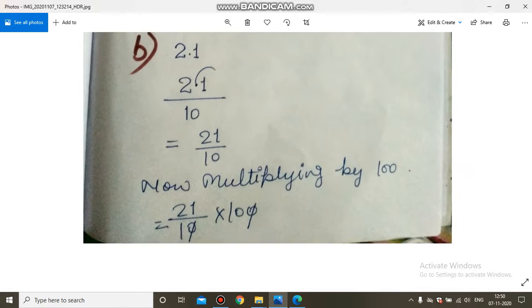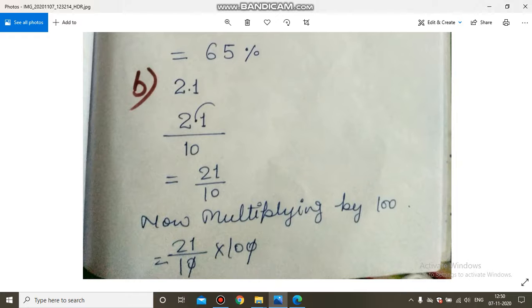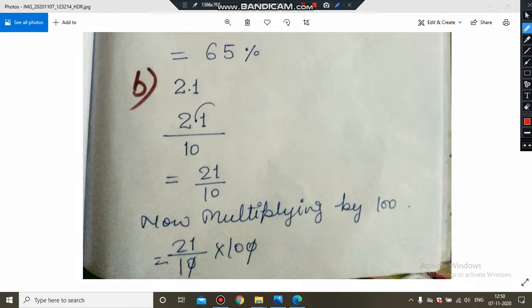Now we will multiply it to convert it into percentage. We will multiply it by 100. So I have multiplied it, and also it is necessary to mark the percentage sign. So 21 upon 10 into 100, and the 10 is cancelled out by the 10, and it will become 21.